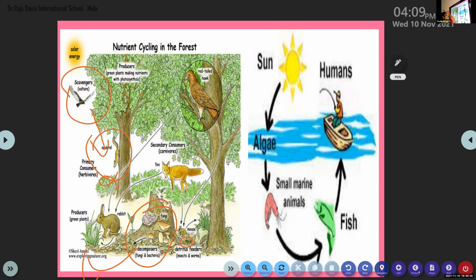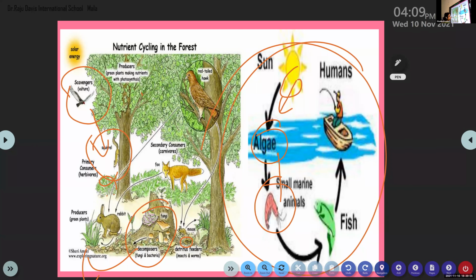Okay. So now this is another food cycle. You can see fish, correct? Due to the presence of sunlight, algae will be formed. Algae will be eaten by small marine animals present in the water, and those will be eaten by fish, and fish is eaten by humans.